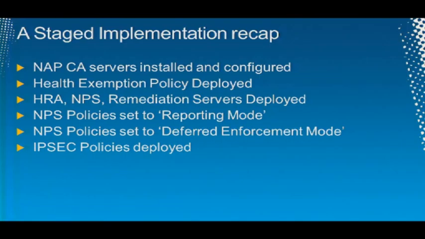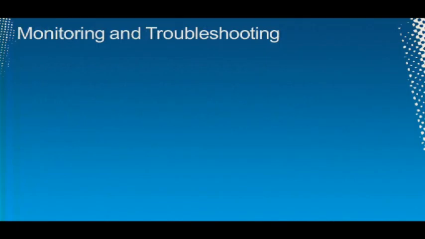Next thing, get your HRA, your NPS, and your remediation servers deployed. Then set your NPS policies to reporting mode and deploy the client group policy. Once you're happy that your clients are reasonably healthy and things are working, then go to deferred enforcement, and then once you're happy with that, hit your IPsec policies out there and enforce that. And remember, if you run into problems, you can always roll back.